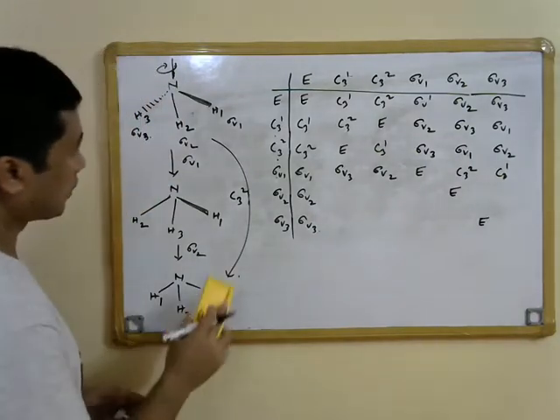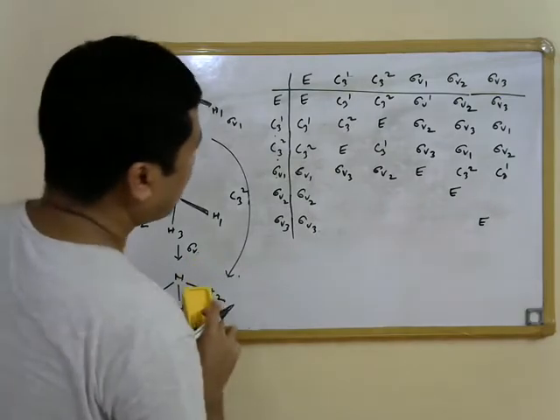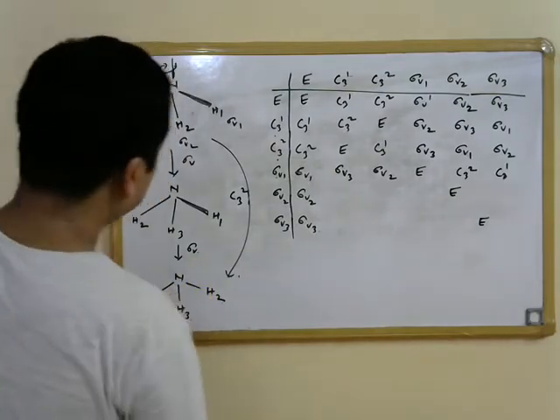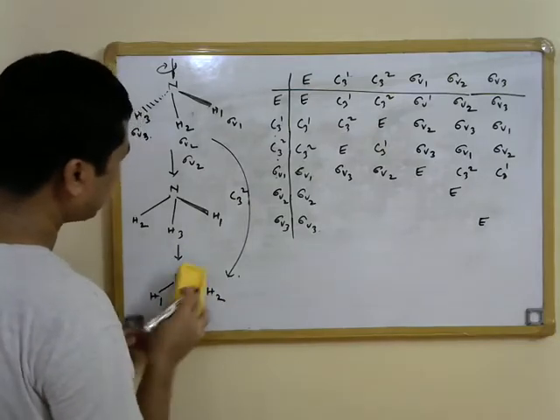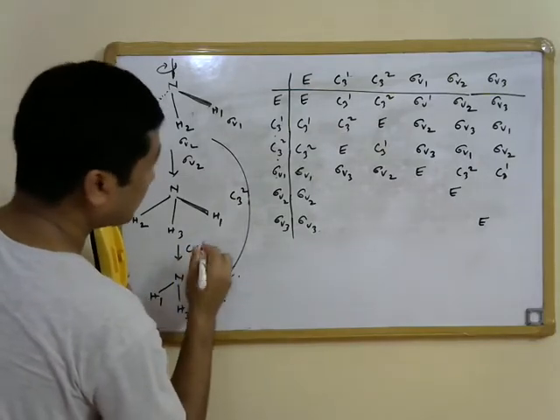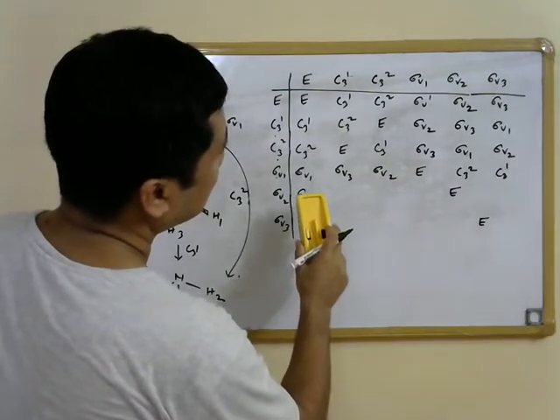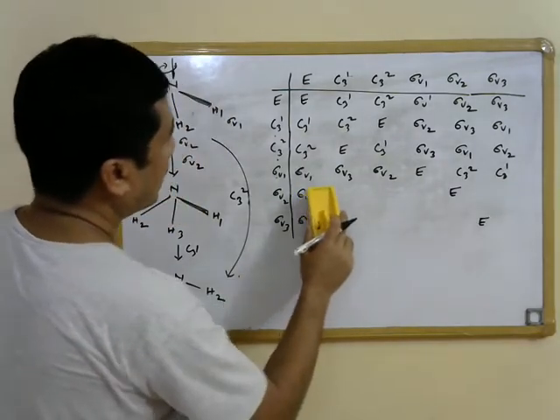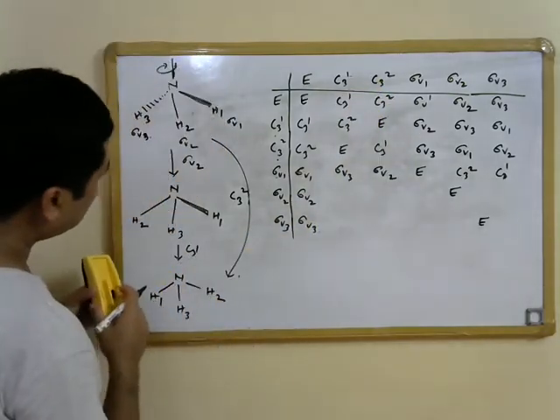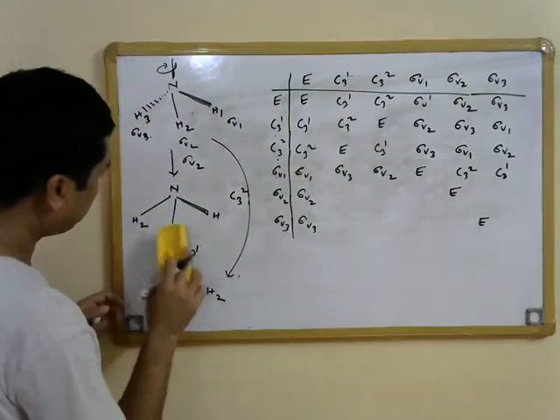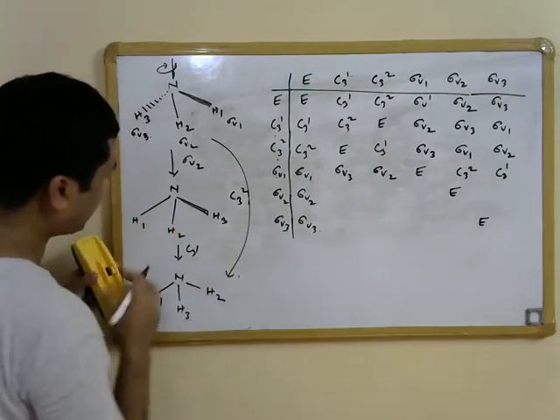So then let us go for sigma V2 C31 here. So when we do sigma V2, this becomes 3, this is 2, and this is 1.